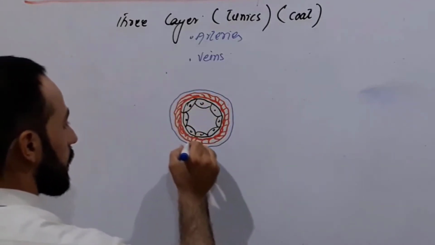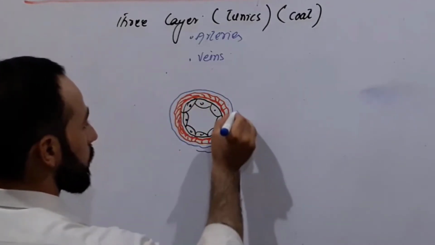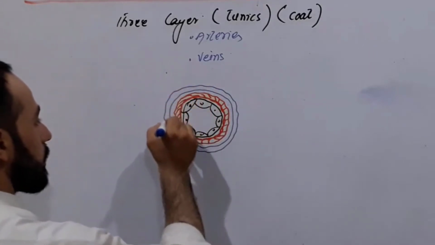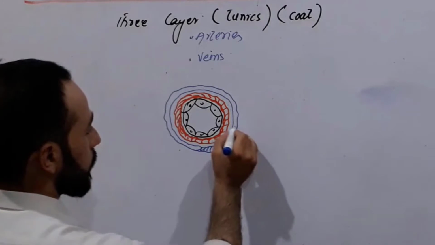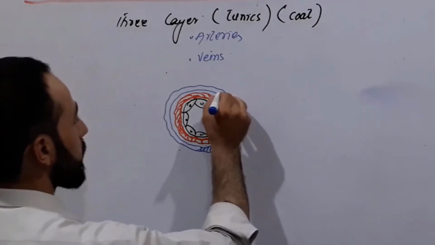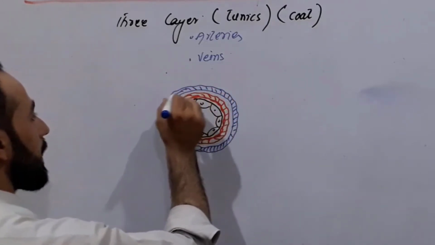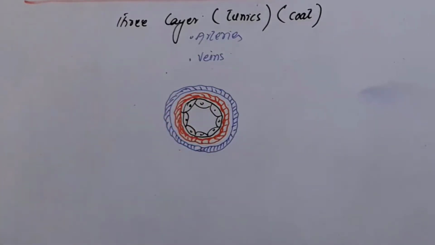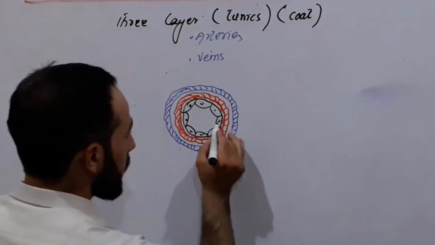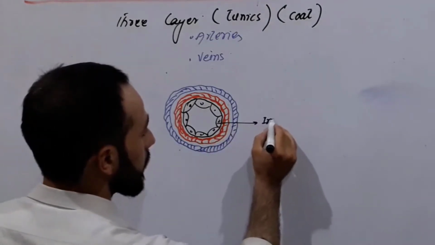Generally speaking, blood vessels like arteries and veins have walls made up of three layers, named the inner layer, the middle layer and the outer layer. This black one is the inner layer.